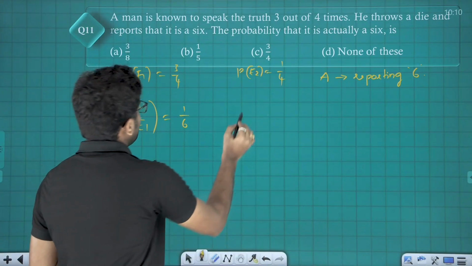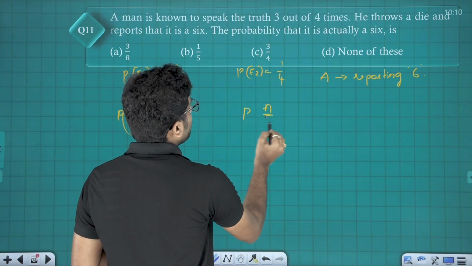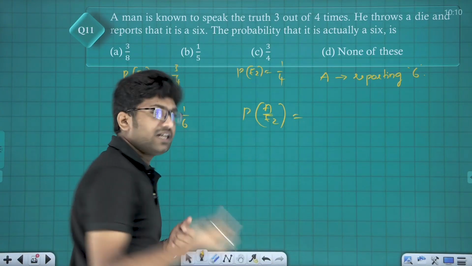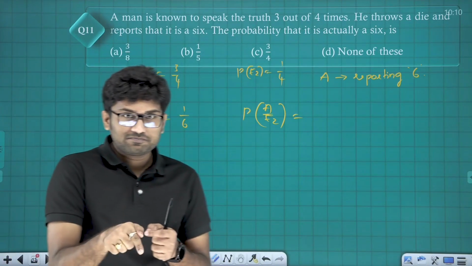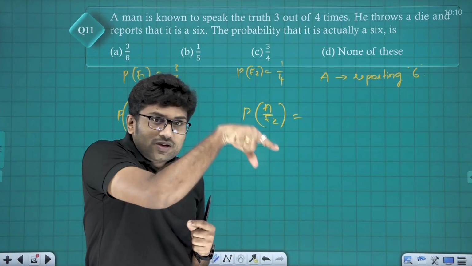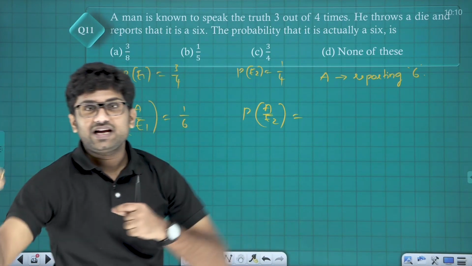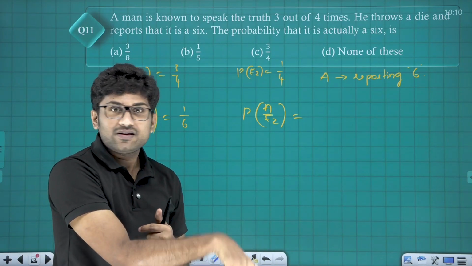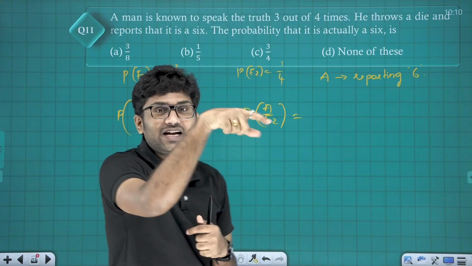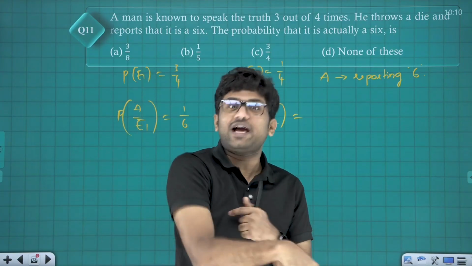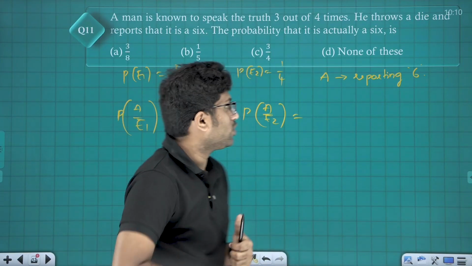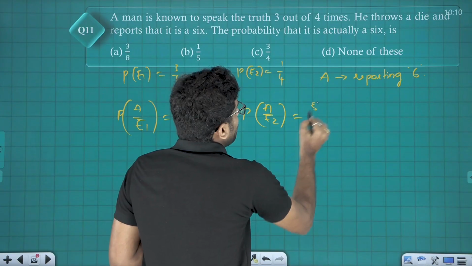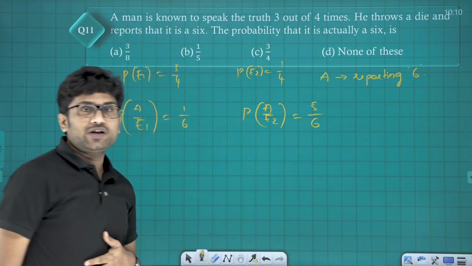Next, P of A given E2 means we know that he is lying. When he is lying and he said that it is 6, that is not actually 6 because he is lying. So if it is not 6, then P of A given E2 will be 5 by 6.